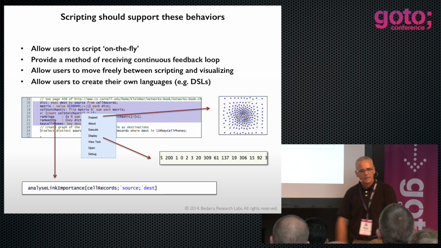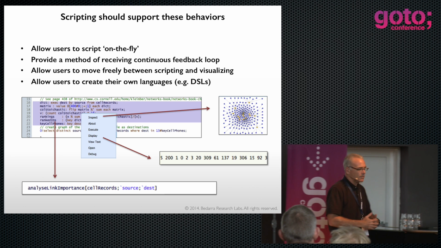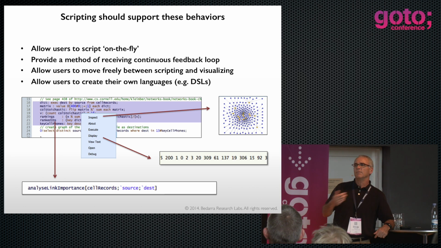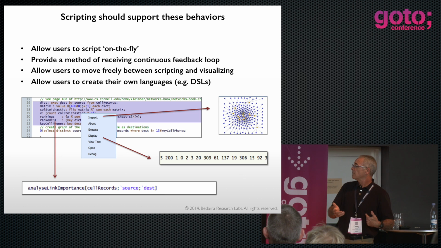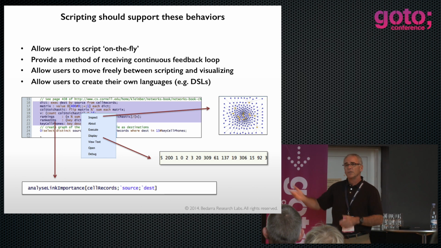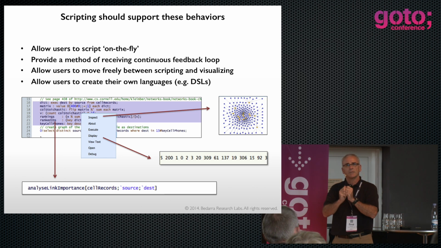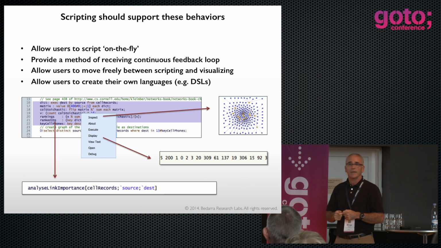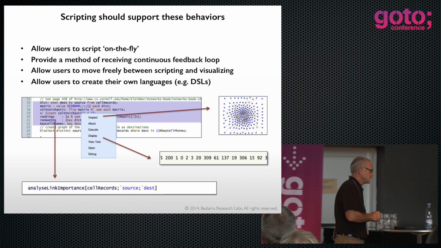Rather than in a compiled scenario where you're constantly compiling and then waiting for an answer, you really want this stuff on the fly. And then finally, you want to be able to encapsulate it and turn it into domain-specific languages so that you can use it over and over again and build up your own private library, if you will.